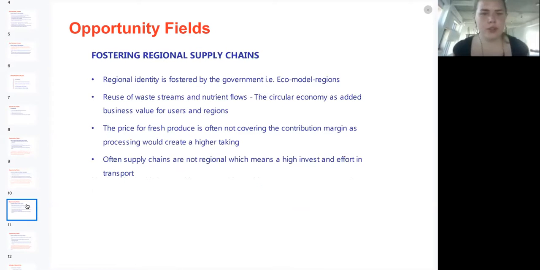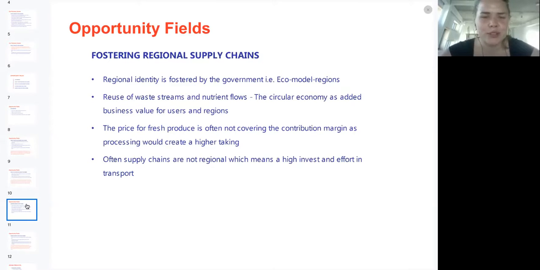Then a fourth opportunity field would be the creation of regional supply chains and of regional networks connecting different stakeholders in the value chain. So we could see that this is a movement going on in Germany in different parts, in the so-called eco-model regions, where there's a big networking going on, that different farmers and also processors and also restaurants are connecting in order to develop a regional strategy also for feeding themselves, let's say.